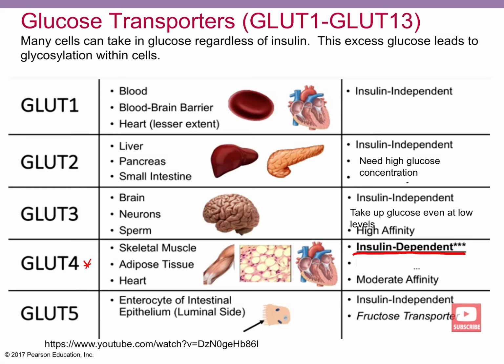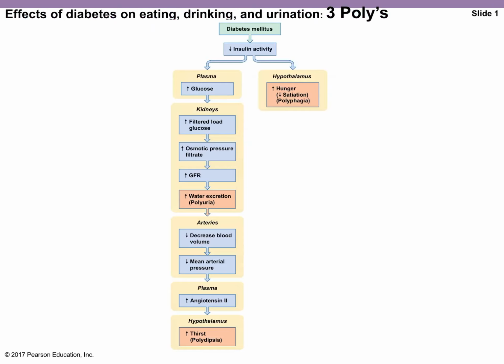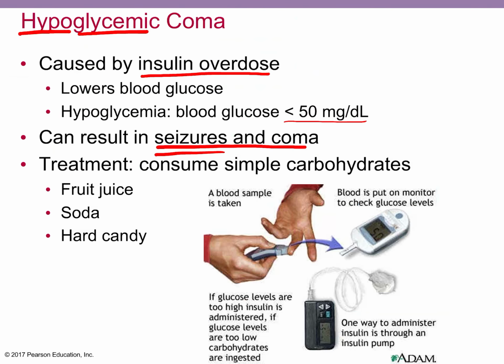But then other cells, remember, like the brain, neurons, they have a really high affinity for glucose, and they don't care if insulin's around. So it's insulin independent. They will take up glucose even at low levels. So if that drops even below homeostatic levels, then the brain is going to feel it, right? Because the brain is going to be the primary organ that gets the glucose, priority over all your other tissues. So this is a sign that your brain's not getting enough glucose.